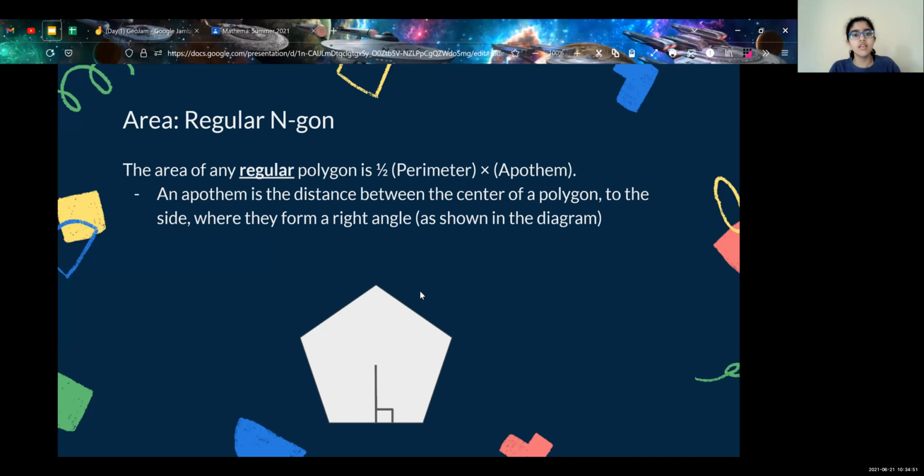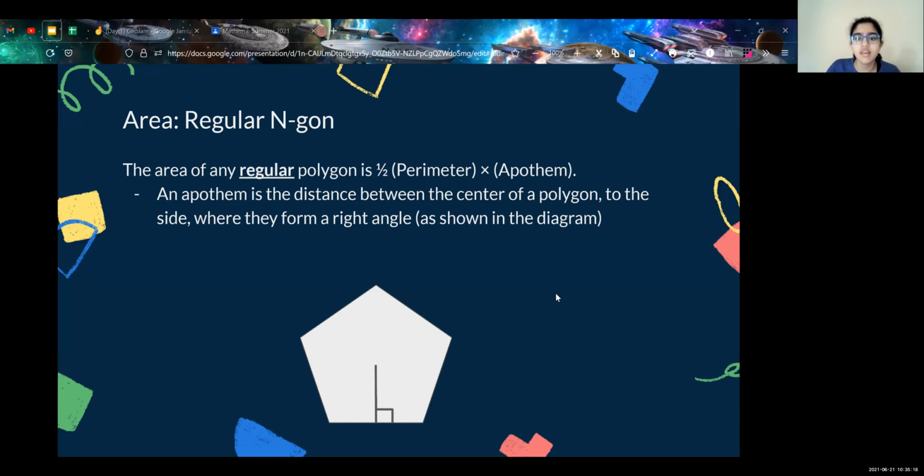And okay, so the area of a regular n-gon. An n-gon is basically a shape with n sides, and a regular polygon is a polygon with all equal sides and all equal angle measures. So how we find the area of it is 1/2 of the perimeter multiplied by the apothem.